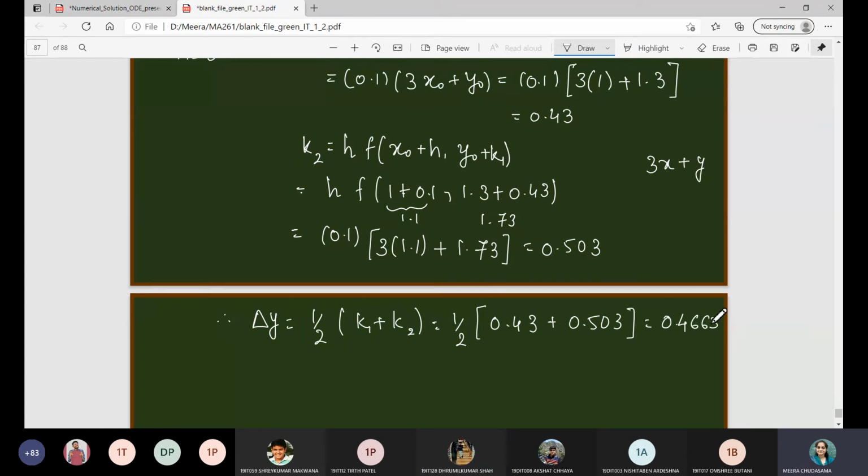Yes, 0.4665. So we got the increment. Now you are able to write down the new approximation of y. We will denote it with y1. So y1 is y0 plus delta y. y0 we are given 1.3 and delta y is 0.4665. So if you compute it, you will have 1.7665 as the first approximation.